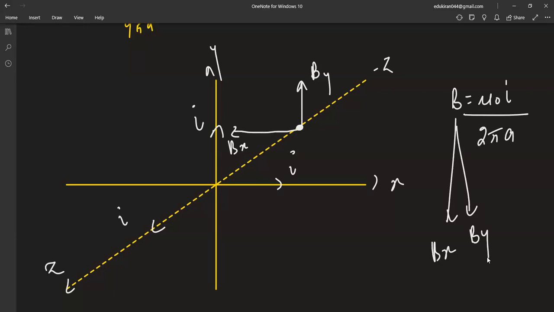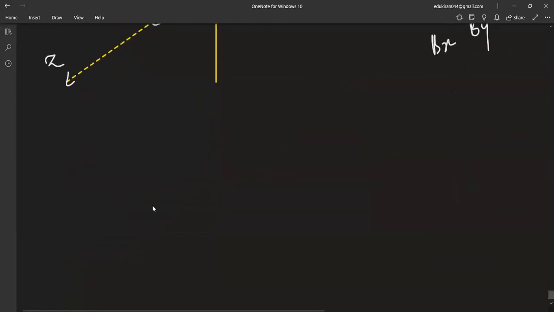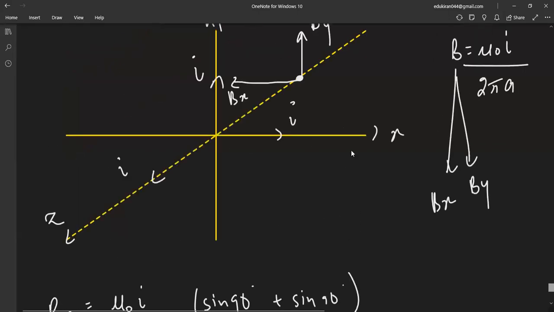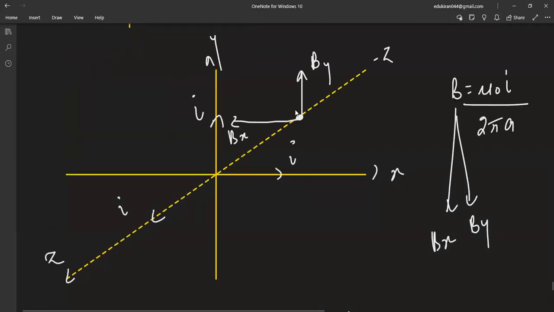So when we are calculating along Bx, how will you calculate it? Mu naught I by 4 pi a was already there. Now you have two angles with you: sine 90 degree plus sine 90 degree. Why? Because these angles are perpendicular. When you're calculating it for the x-axis, all the three axes are making an angle of 90 degrees.